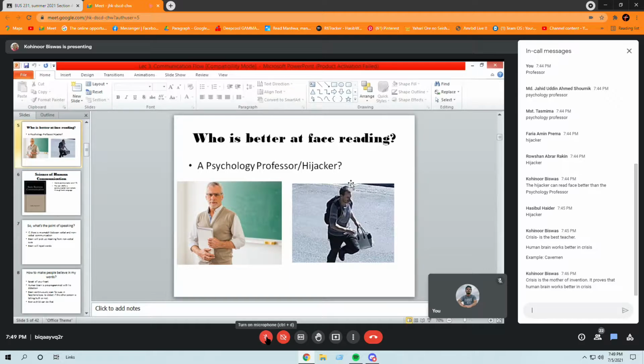Like the way a caveman read the face of a bison, and the bison looked more dumb than a deer or zebra or giraffe, you can understand. So the cavemen could read through their brain that the risk would be less.